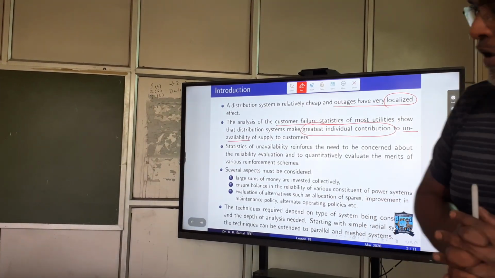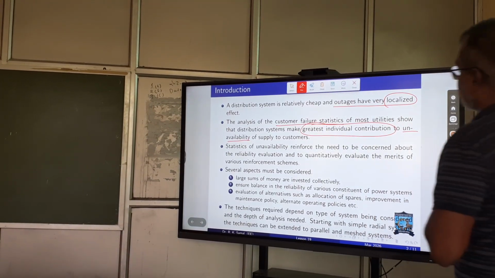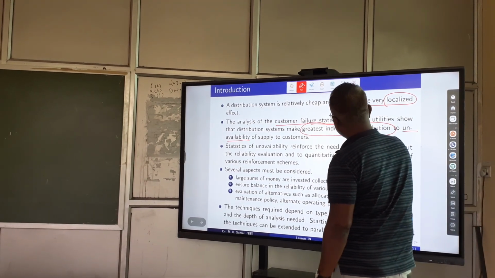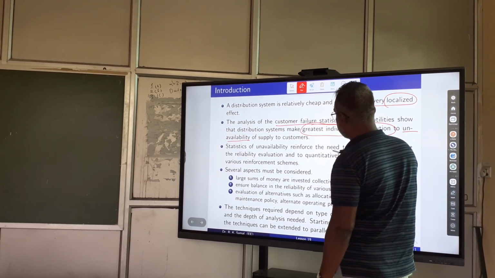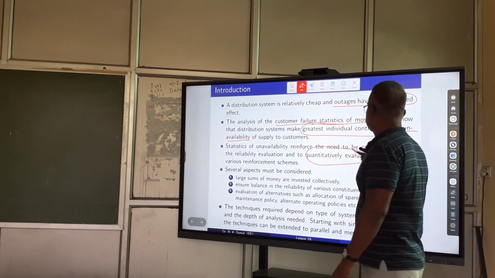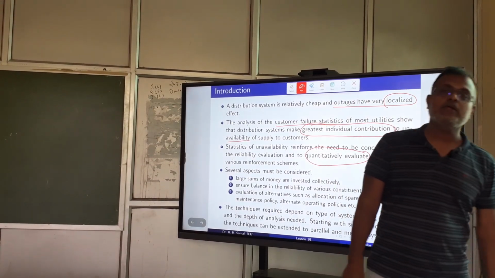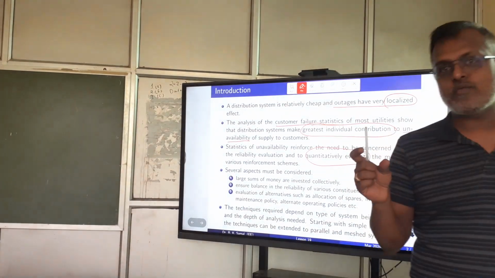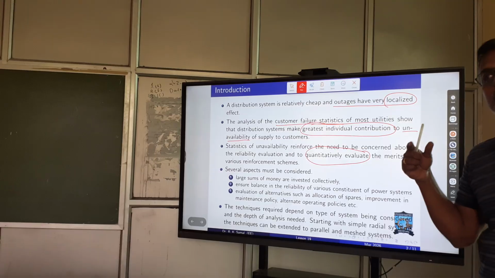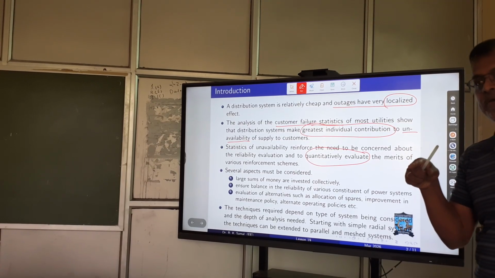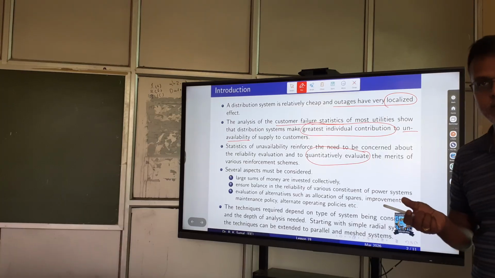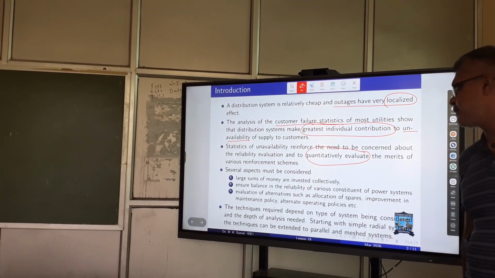Statistics of unavailability reinforce the need to be concerned about reliability. If you find out the choke points, or where the distribution system fails, generally you provide reinforcement. Maybe more lines, more transformers.